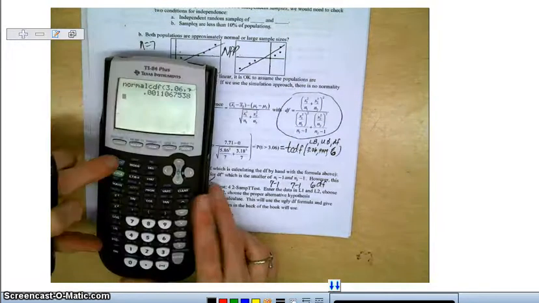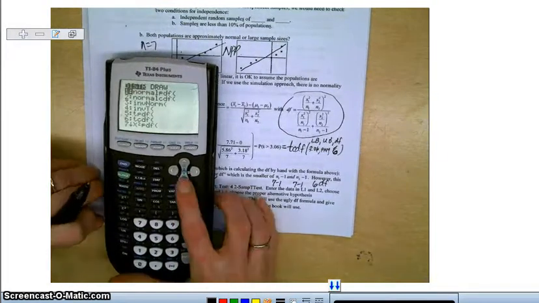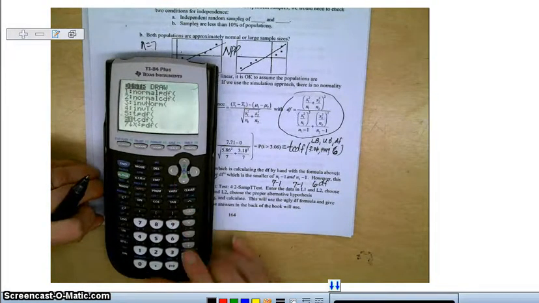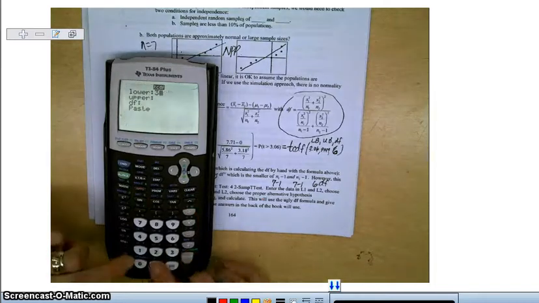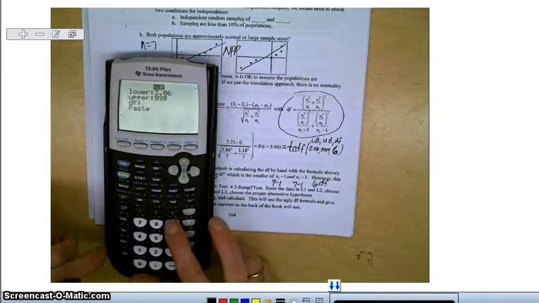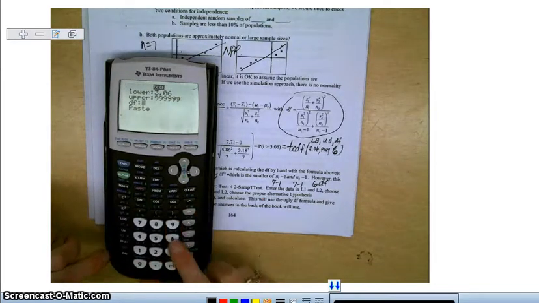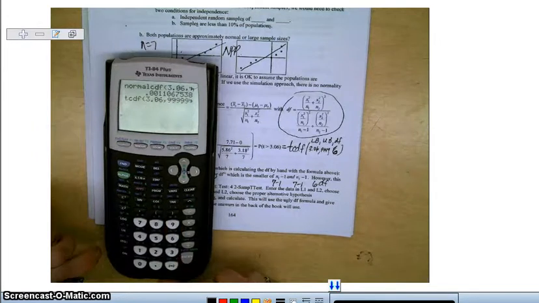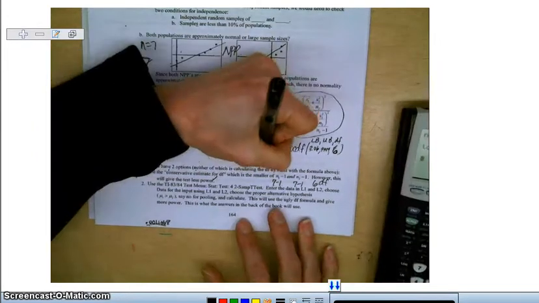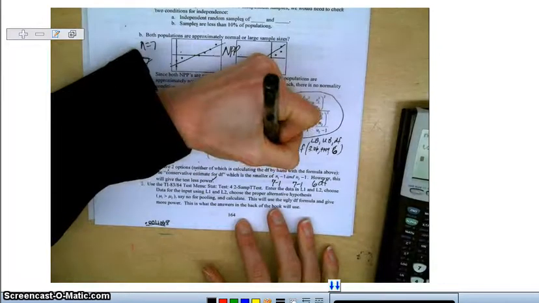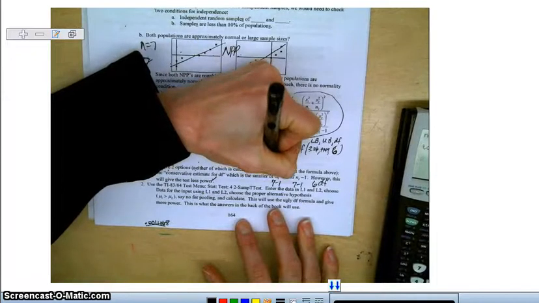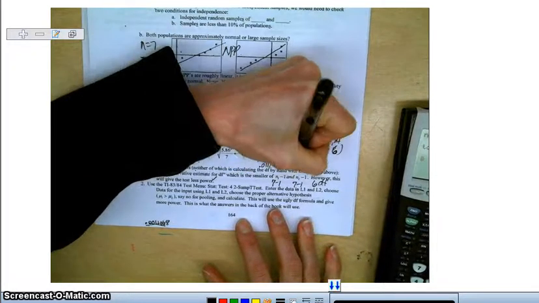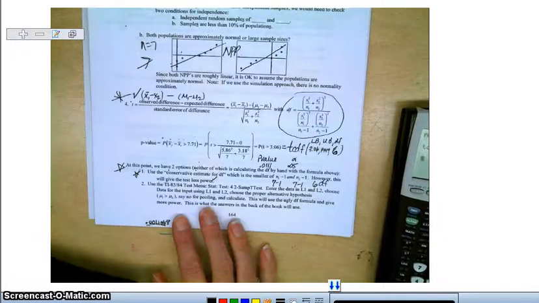So I'm going to go second distribution. I'm going to do my TCDF. My lower bound is 3.06. My upper bound is a bunch of 9s. My degrees of freedom is 6. And it gives me that my p-value is 0.0111. My alpha level was 0.05.